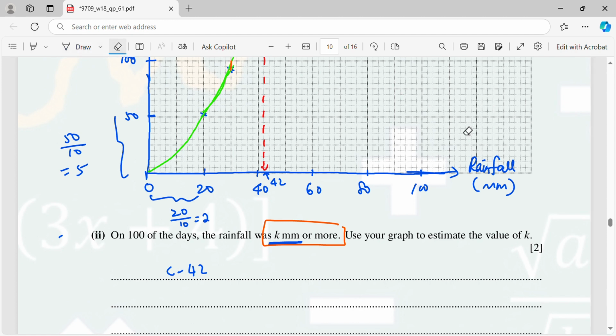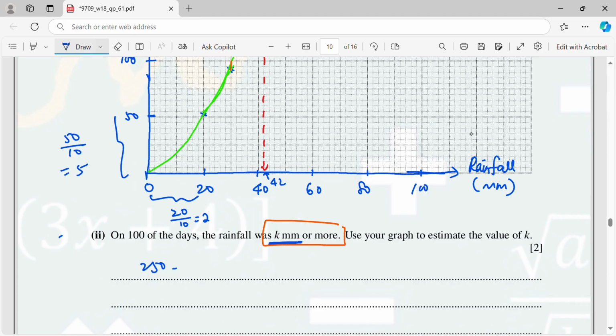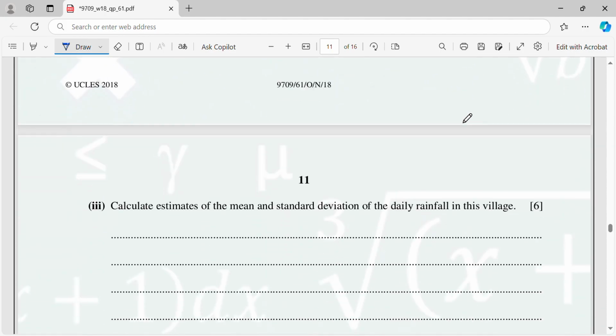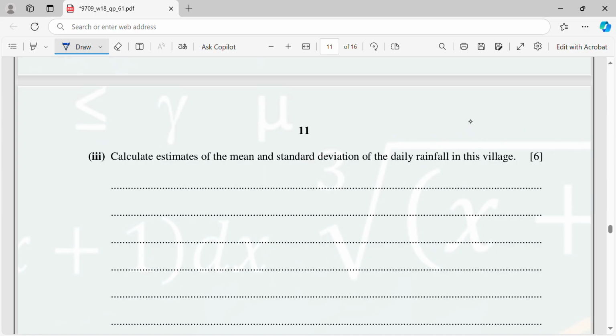So probably you can just write 250 minus 100. That is 150. That is the position of the data. So K equals 42. Right? Okay, now part 3, calculate estimates of mean and standard deviation for the daily rainfall in this village.